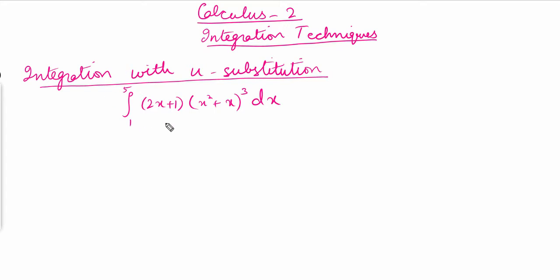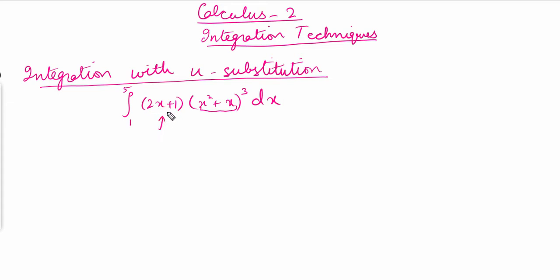Now this is a definite integral, so at the end of the answer we will not write the constant. Instead of that we have to put the upper limit and the lower limit. So in this one, just observe carefully, this function x square plus x has its derivative present over here. The derivative of x square plus x is 2x plus 1, and it's present over here.